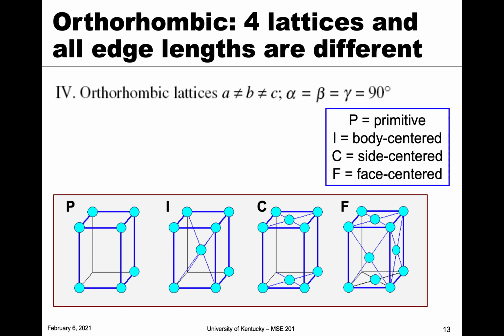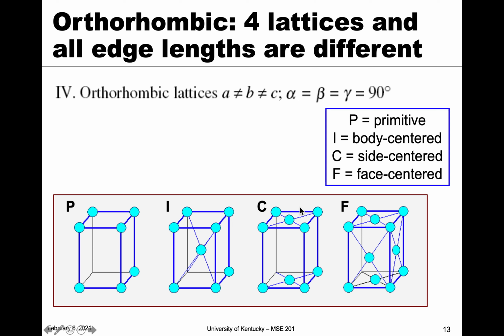This one actually has 4. This is the one where all the lengths are different, but the angles are all 90. So we have primitive, we have body-centered, and then we have 2 different versions of face centering.